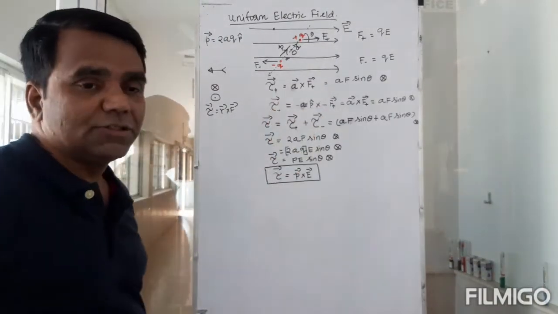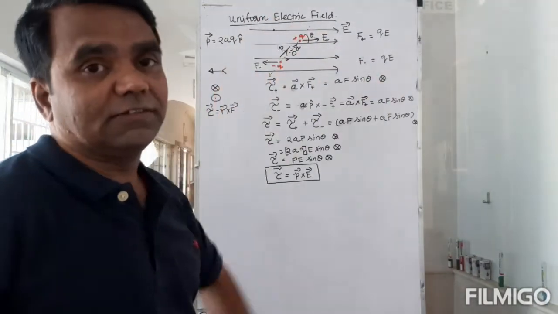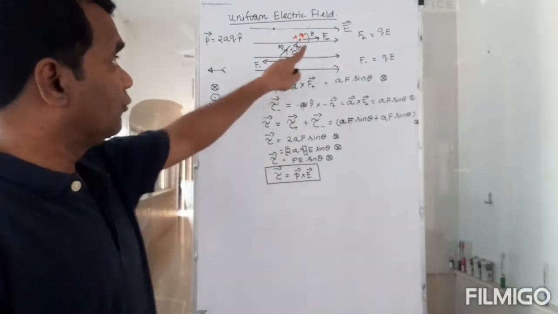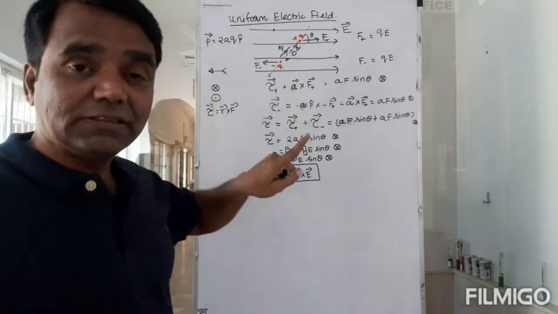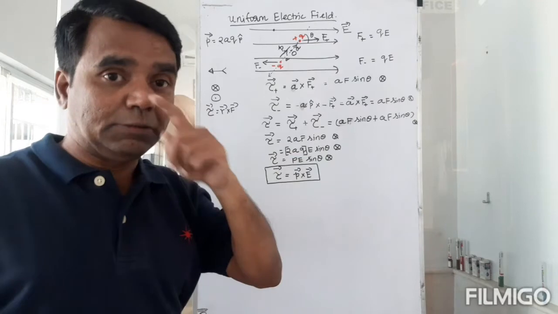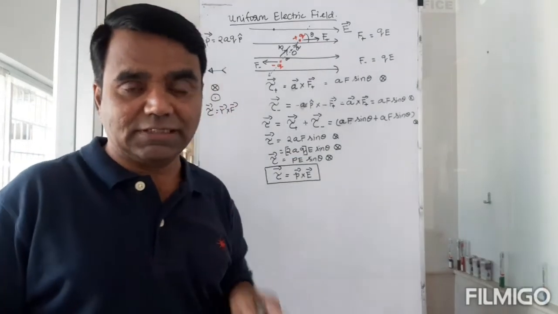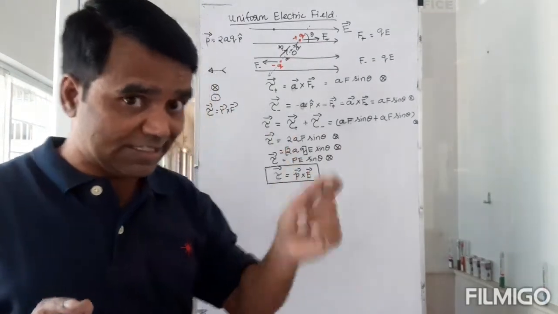There are a couple of things I need to say. Well, this is a uniform electric field. Wonderful. So the force experienced by the positive charge and the negative charge is the same in magnitude actually. The directions are different but it's the same magnitude.